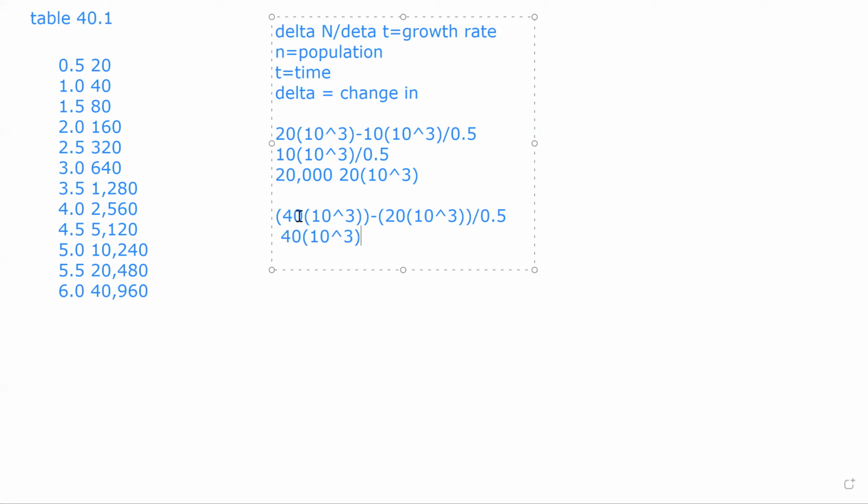And again, we have like factors of 10 to the 3 here, and 40 minus 20 is going to be 20 times 10 to the 3. But then when you divide by 0.5, that's the same thing as multiplying by 2. So 20 times 10 to the 3 times 2 is 40 times 10 to the 3. So you're going to end up putting a 40 in that chart.